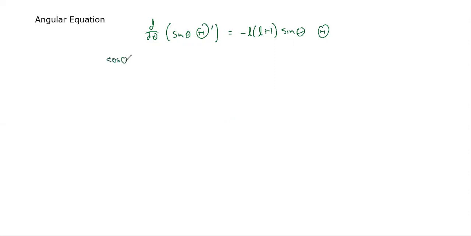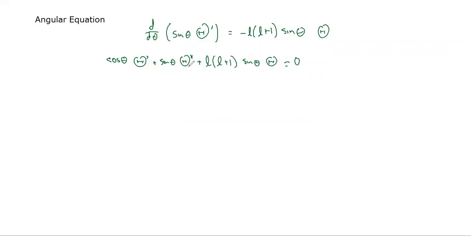So cosine theta, big theta dot, sine theta, theta double prime. And then put this term on the same side. Okay, so I have a second order differential equation.